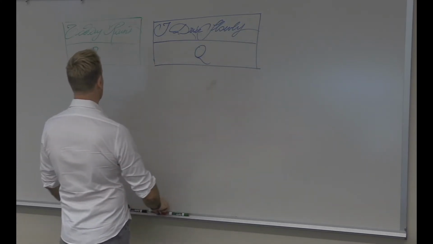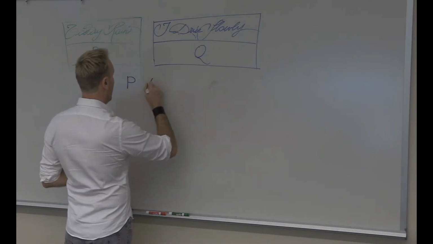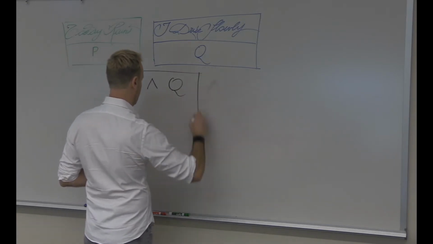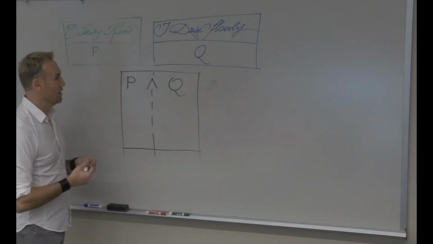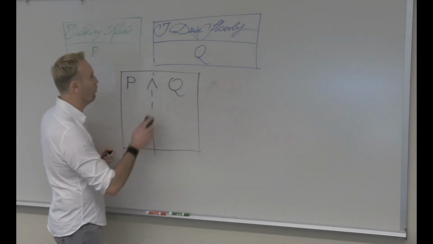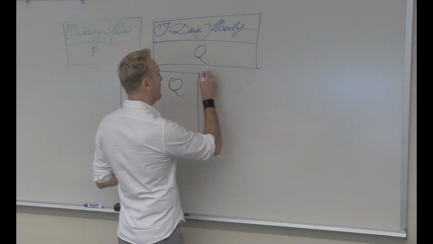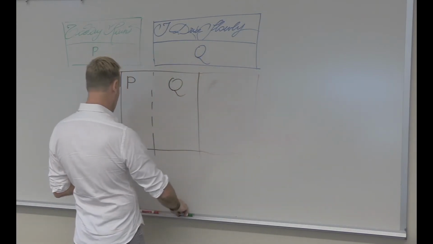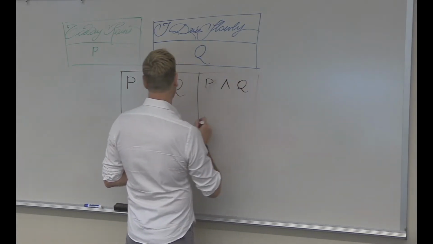So, if P and Q is true, we will have to identify the truth for each of these statements. So let's remove the wedge here and just leave P and Q and create a third column here, where P and Q are actually linked together by a conjunction, okay?